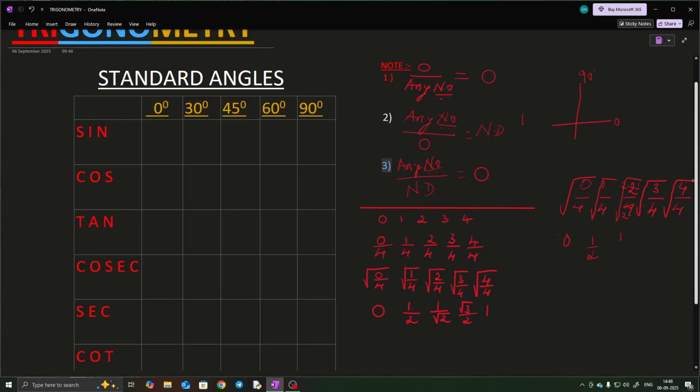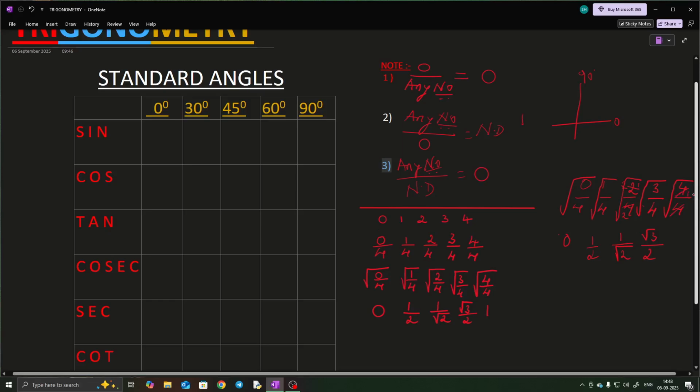That means root 1 is going to be 1 and the denominator cannot be taken off the root, so it remains as root 2. In the next part, it is going to be root 3 as it is, divided by square root of 4 which is going to be 2. And the last one, 4 and 4 get cancelled, square root of 1 is left out. So root 1 value is going to be equal to 1.